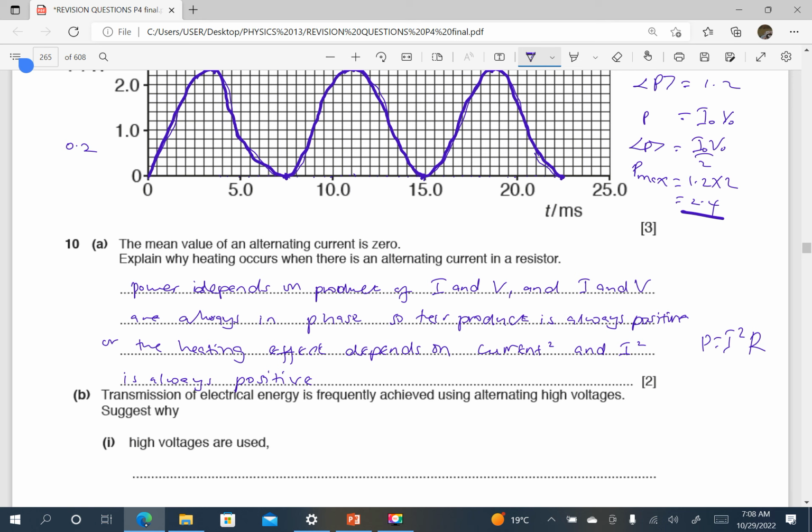That's why there is power dissipated in a resistor even when there is alternating current.